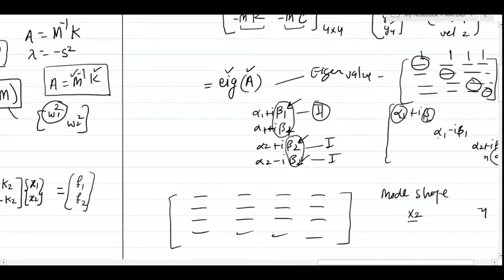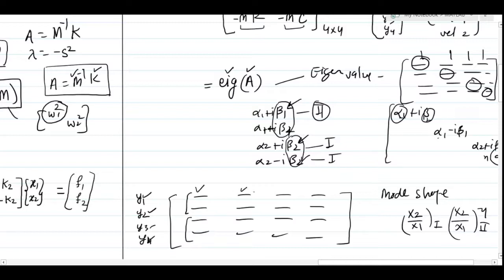So you are looking for x2 by x1 corresponding to first natural frequency, as well as x2 by x1 corresponding to second natural frequency. Please remember, when you go back and check, you decided that y1, y2, y3 and y4 correspond to two displacements and two velocities. So here also the first two values indicate the displacement part, and the later half indicates the velocity part.